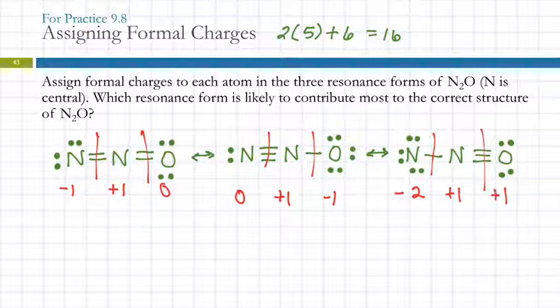No, +1. Sorry. Okay, major brain fart. It's not supposed to be this hard. Oxygen comes in with 6 and leaves with 7. So that's -1, right?